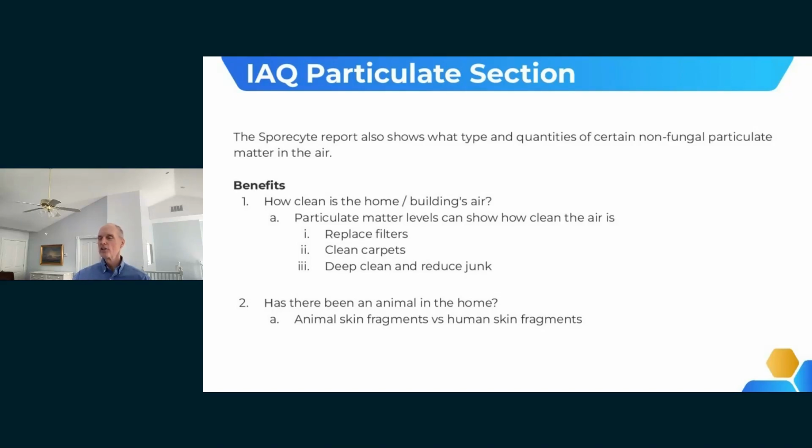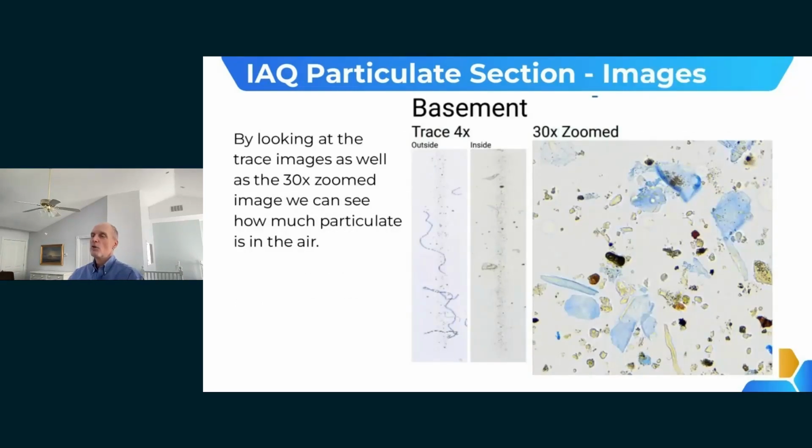Again, the other question might be, is there an animal living there? And we differentiate between human skin fragments and animal skin fragments. So here's one of these images that I thought would be fun to show. On this left-hand side, we say trace 4X. That's an enlargement of what actually gets, this is an air sample.